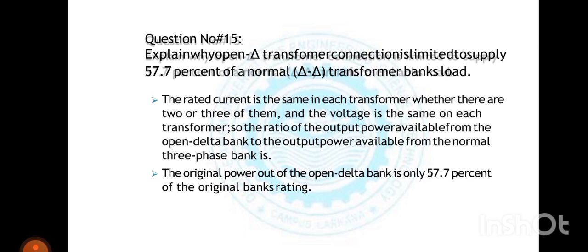The rated current is the same in each transformer, whether there are two or three of them, and the voltage is the same on each transformer, so the ratio of the output power available from the open delta bank to the output power available from the normal three-phase bank is 57.7%. The power output of the open delta bank is only 57.7% of the original bank's rating.